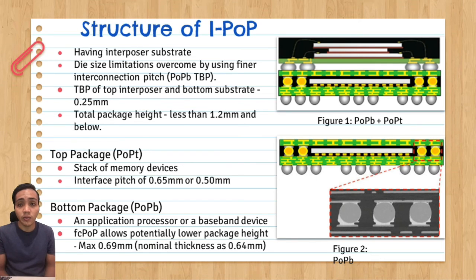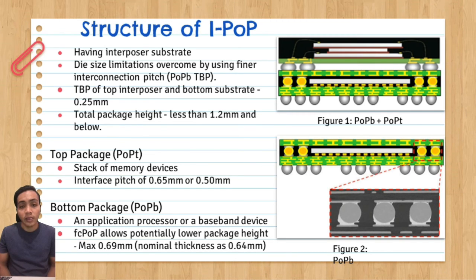The die size limitation is overcome by using a fine interconnection pitch, which can be termed TBP, the top ball pitch. The top ball pitch of the top interposer and bottom substrate is 0.25 mm, and the top package height of this package is 1.2 mm and below.